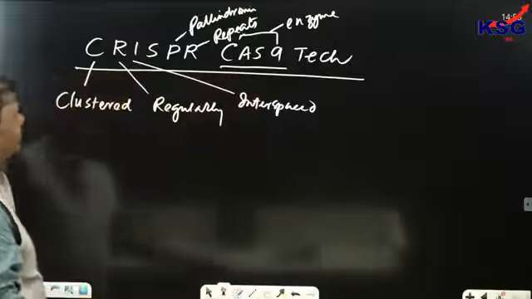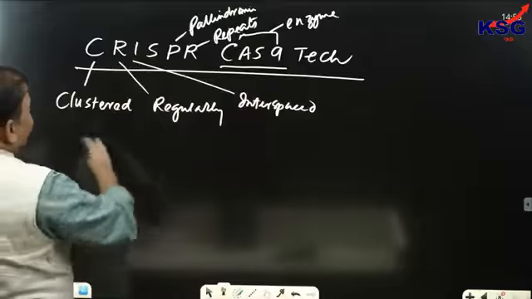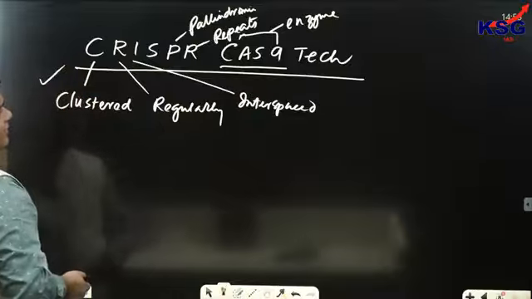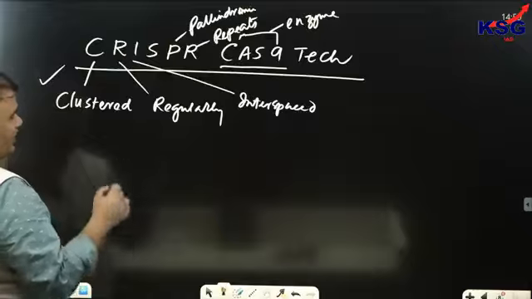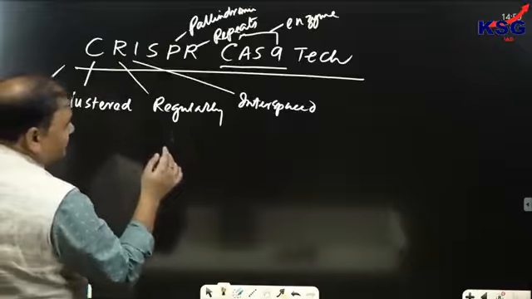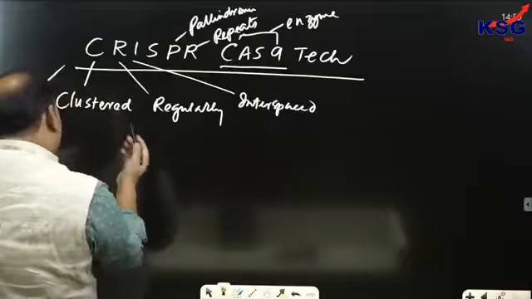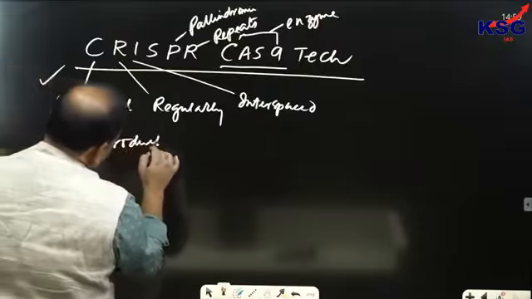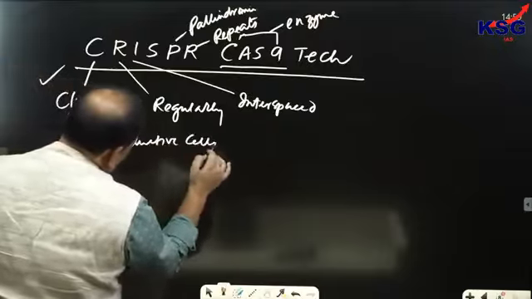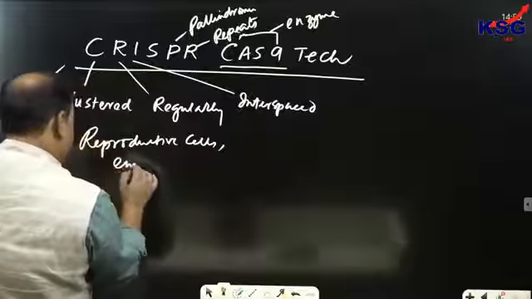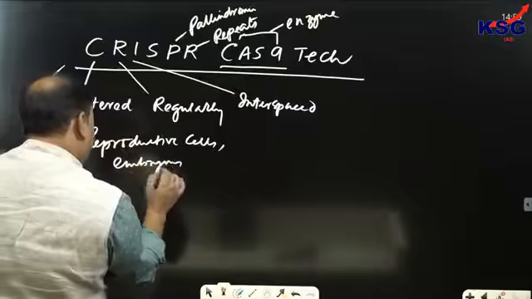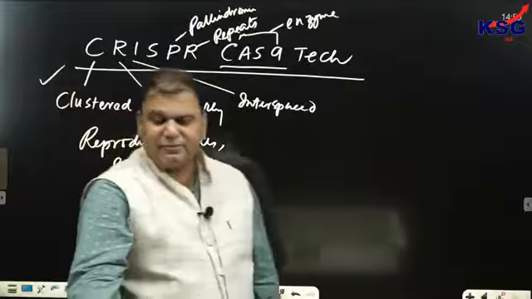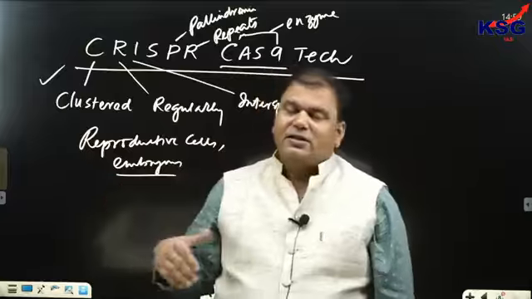But CRISPR-Cas9 technology can be used for genetic alteration not only in somatic cells but also in reproductive cells, called germline cells, or also embryos. So that is CRISPR-Cas9 technology.